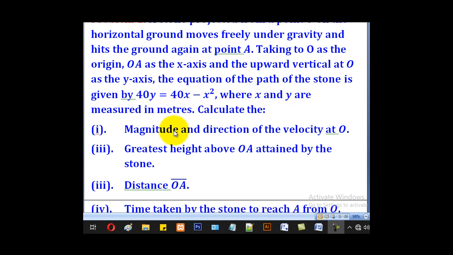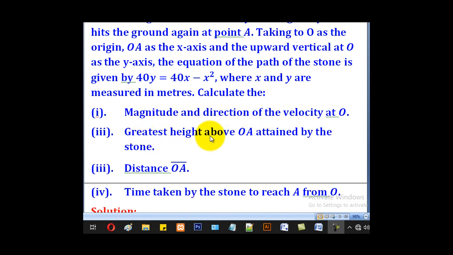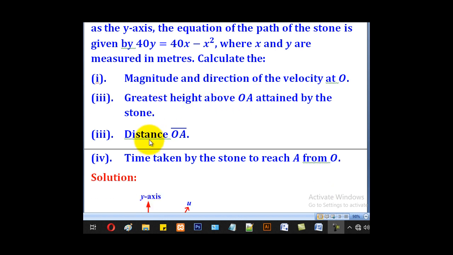Calculate: one, the magnitude and direction of the velocity at O; two, the greatest height above OA attained by the stone; three, the distance OA; and four, the time taken by the stone to reach A from O.